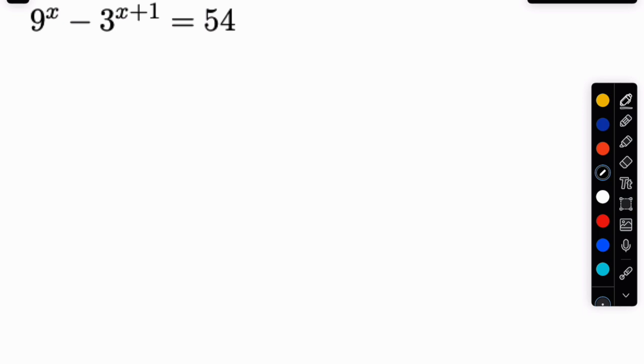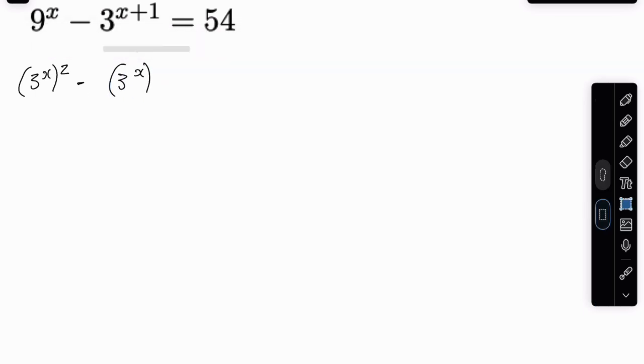Because in this scenario what we've actually got is 3 to the x to the 2, minus 3 to the x plus 1, which turns into 3 to the 1 times 3 to the x equaling 54. Because 9 is equal to 3 squared.